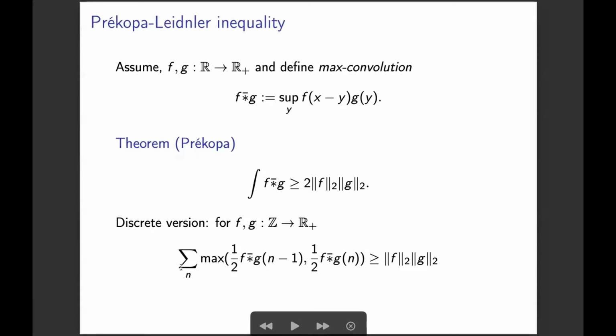So in the discrete version, we will have a sum over all integers, and at each point we have the value over n minus 1 and n, two consecutive points, and we can bound this again with the norms of the two functions.